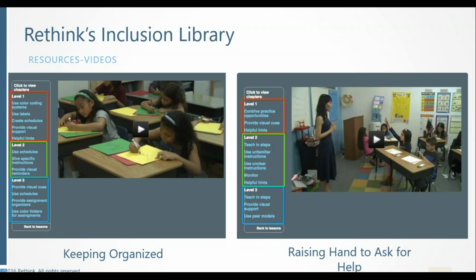Level 1 strategies provide support for those students who are more independent but still need your assistance to be successful. Level 2 strategies provide more structure and involvement. Level 3 strategies provide the most structure and may require individual attention to implement effectively so your student can learn new skills. These are great examples of how different levels of support strategies can help your students.